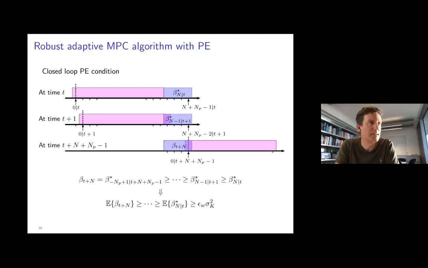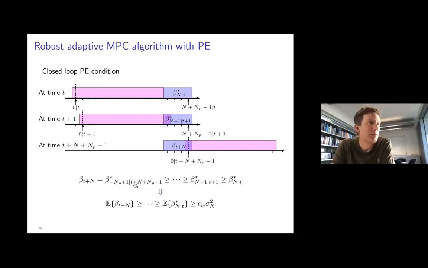And we can reapply this argument for n plus n_p steps until we get to the situation where the prediction horizon extends all the way into the future beyond this time step. Because this window contains past values and just one time step which corresponds to the current control input, the solution of the MPC optimization problem for beta will actually be the persistence of excitation measure experienced by the closed-loop system for this particular window.